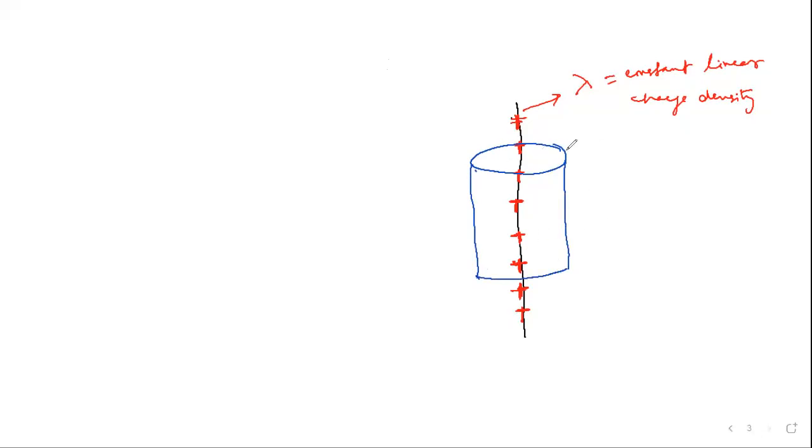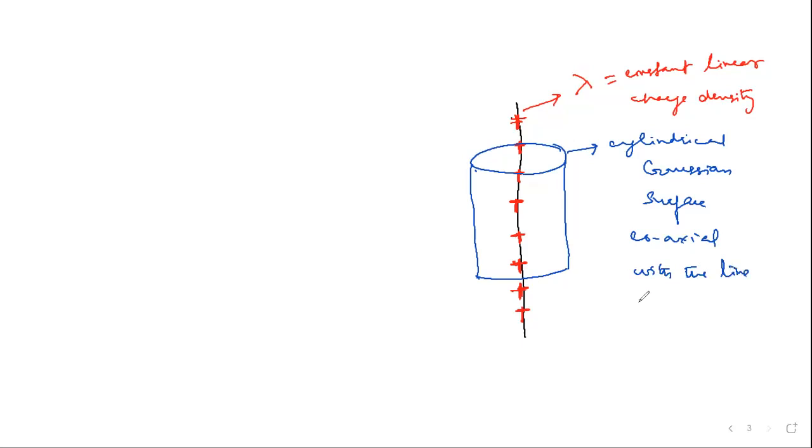So this is my cylindrical Gaussian surface coaxial with the line of charge, right?